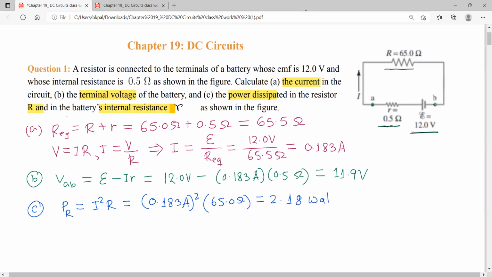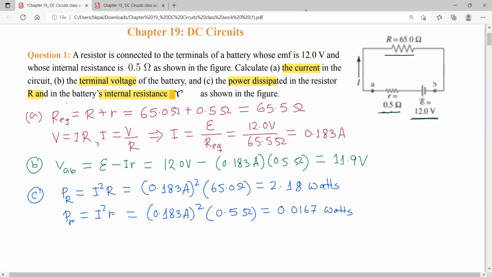Similarly, you can determine P small r. It is exactly the same equation, but you have to replace capital R with small r. The power dissipated in the internal resistance will be very small. It is 0.0167 watts.